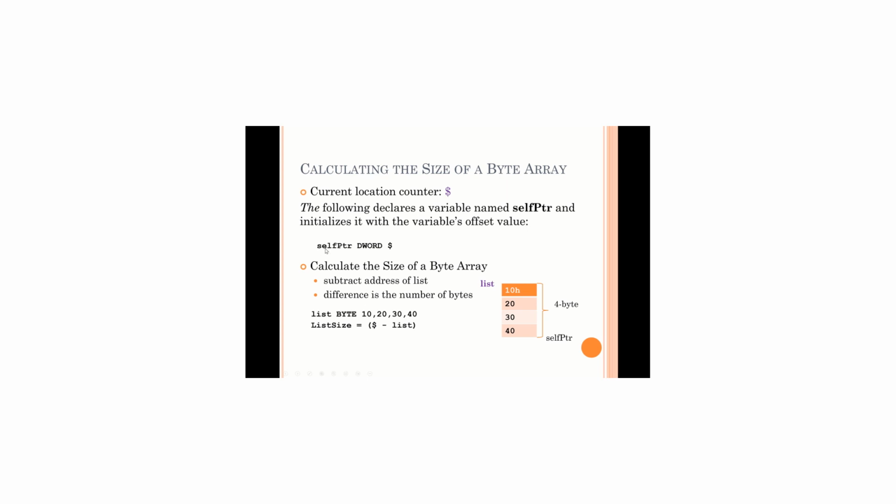Self pointer is a double word because, let's assume we are using a 32-bit system, the memory address is a double word, 32-bit. If you initialize it as a $ sign, this $ sign represents the address of this particular label here. So self pointer basically contains the address pointing to itself.